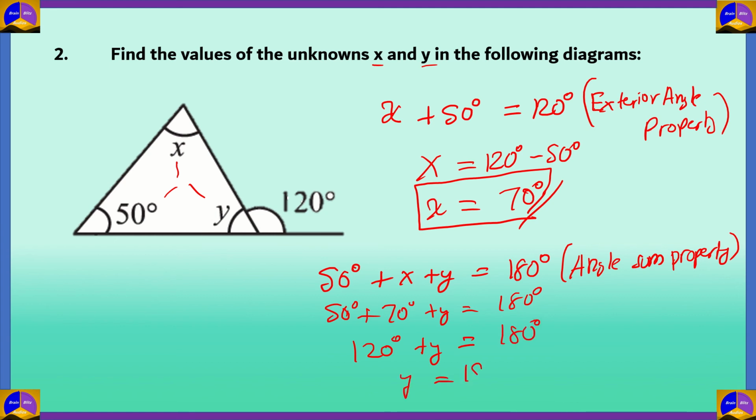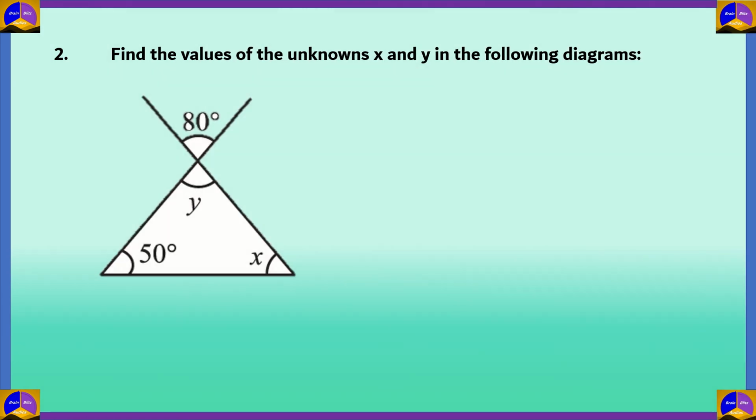Y would be equal to 180 degrees minus 120 degrees, which is equal to 60 degrees. So in this triangle, x is equal to 70 degrees and y is equal to 60 degrees. Next question.